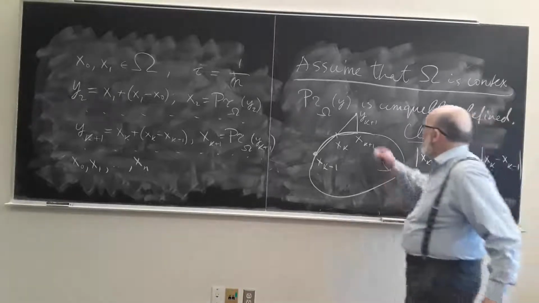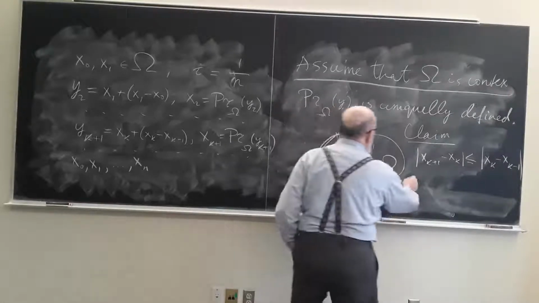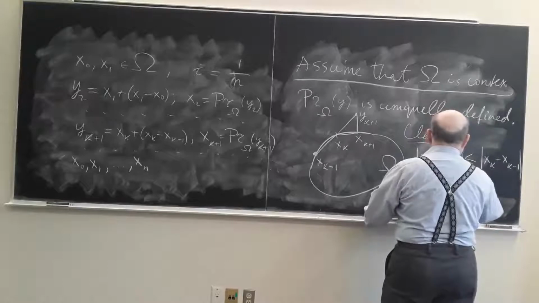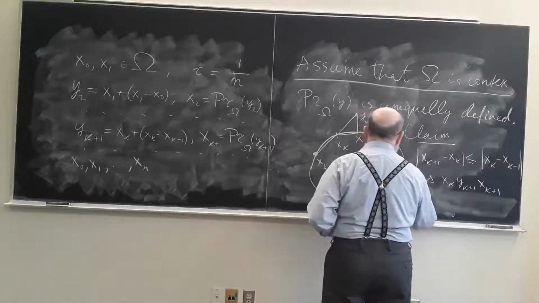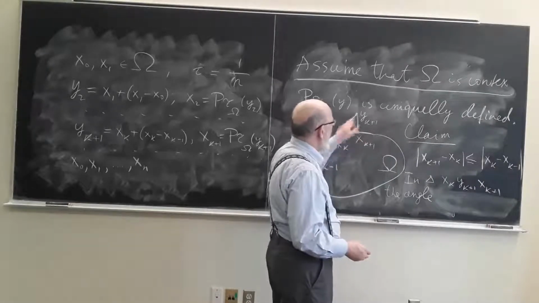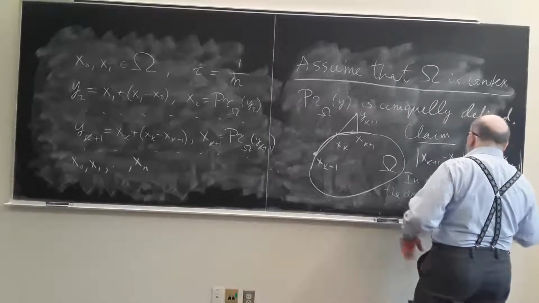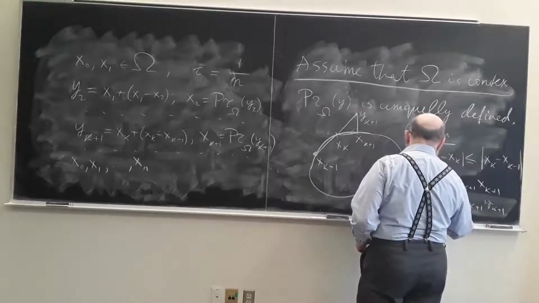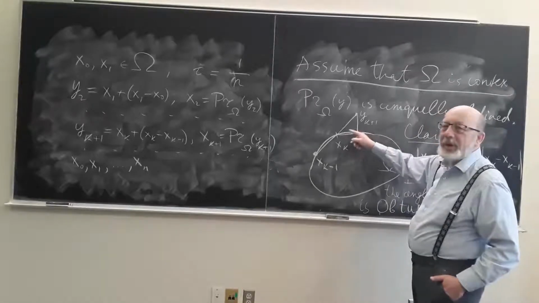Why? It is because in this triangle xk, yk plus 1, xk plus 1, the angle at xk plus 1 is obtuse. This angle cannot be acute.